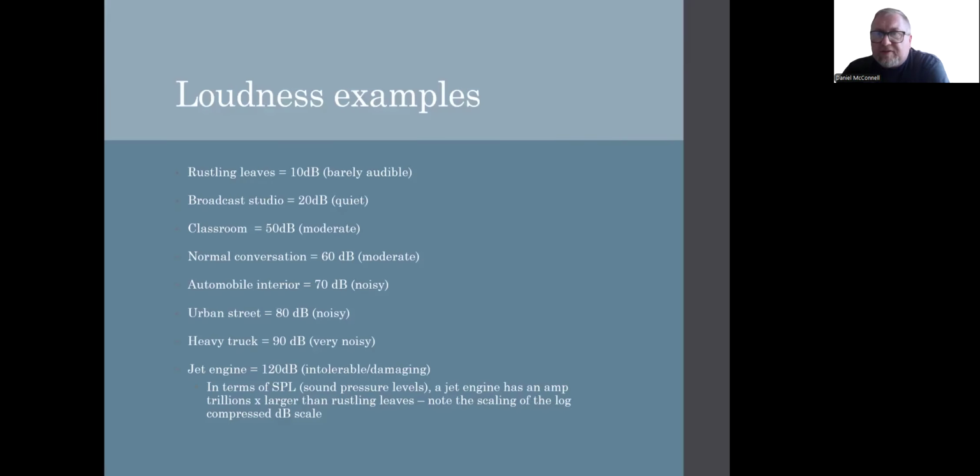Now, here's a couple of examples, more than a couple, I guess, so you can get a good sense of what decibels really correspond to. So if you're in a very quiet environment, you just have a light rustling of leaves, right? That's just 10 dB, just barely audible. So if you're in a normal room, like a classroom on campus, 50 decibels. Now, where's the sound coming from?